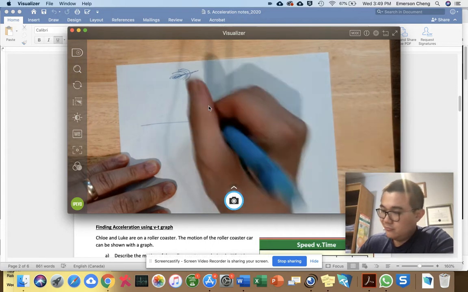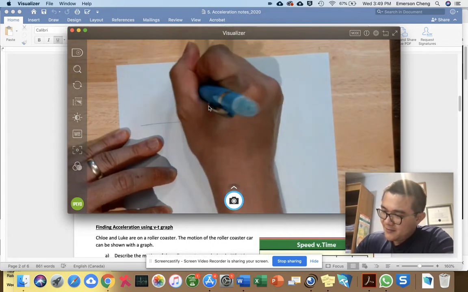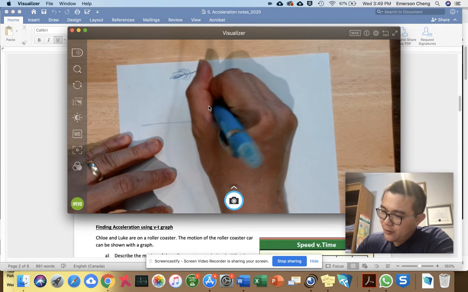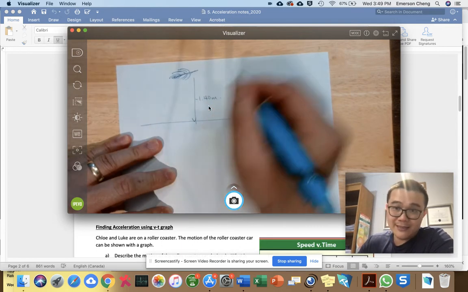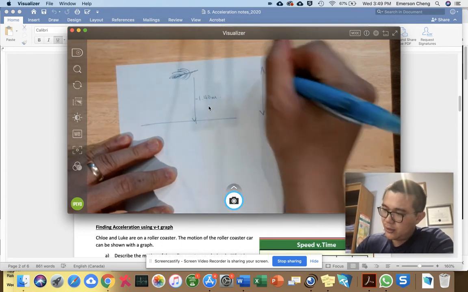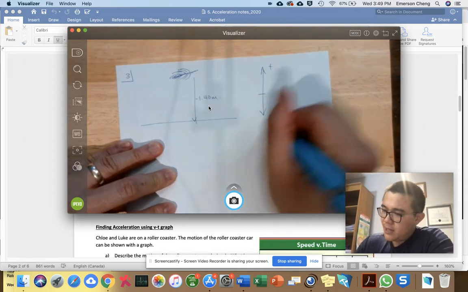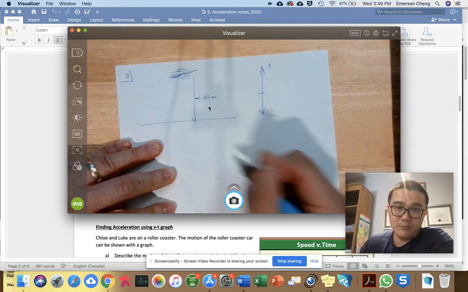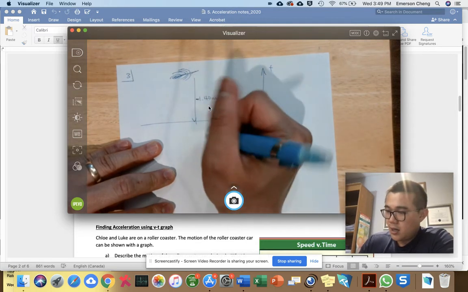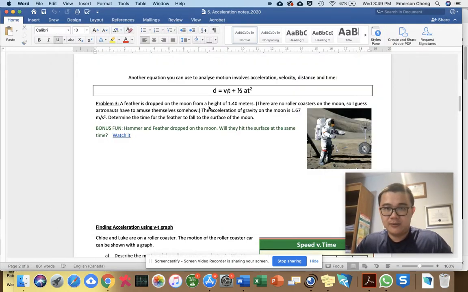Close enough, right? 1.40 meters. It's going down, so I'm just gonna do what I always do. This is number 3, by the way, plus and minus. So it's going down by 1.4 meters. The feather is going to hit the surface of the moon 1.4 meters below.